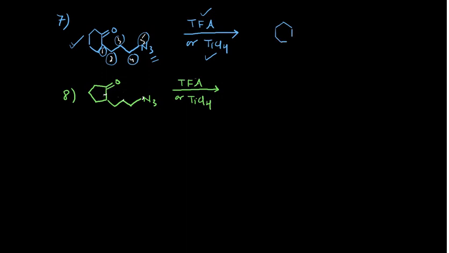So, this is your 7-membered ring, and at this position it is having the carbonyl, and definitely you will break this bond and that nitrogen will insert in this particular position.